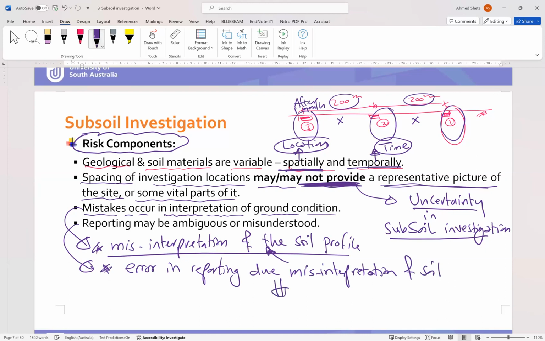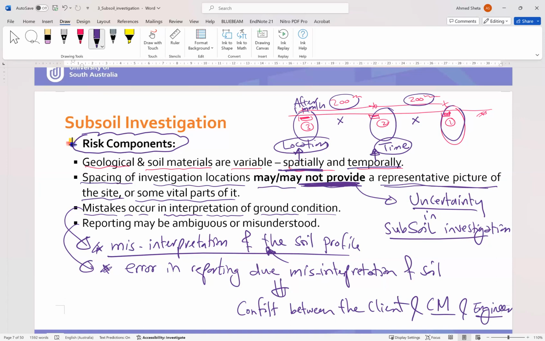This may lead to conflict or problems between the client, the construction manager and the engineers. These are some of the risks that we are dealing with, because you are dealing with something inside the ground, so you don't have much certainty about what you get.